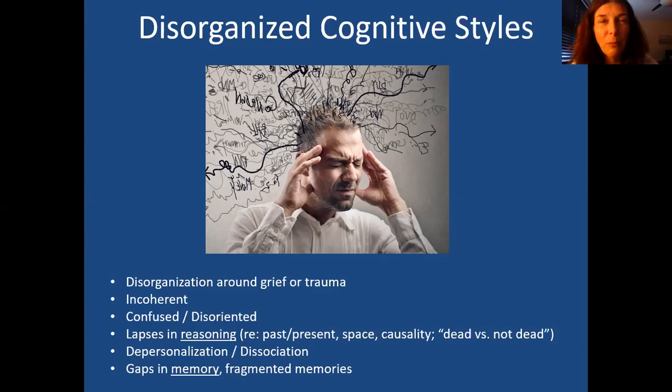So there might be a little bit more of an incoherent way of communicating. There might be pauses and silences in the middle of this incoherence too. You might feel a little confused at times. Sometimes it's hard to remember things. Sometimes you might lose presence and zone out or dissociate in the middle of it and get more disoriented.